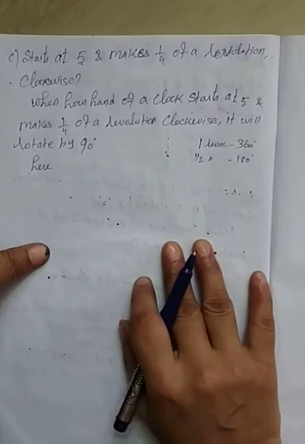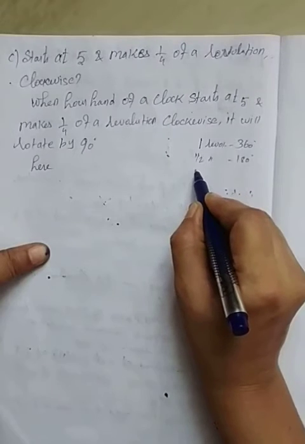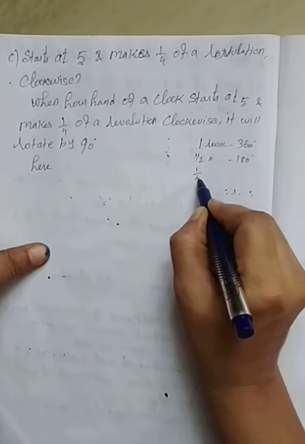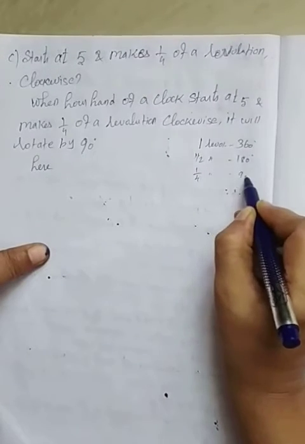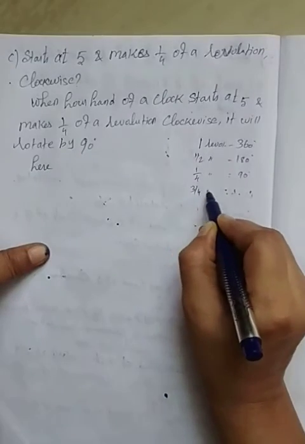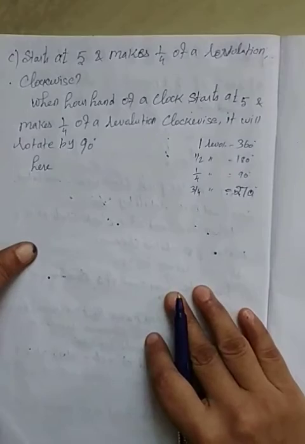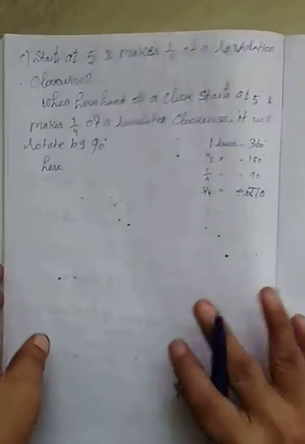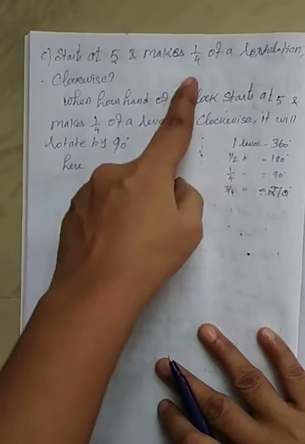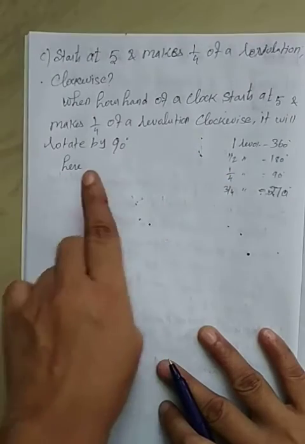Everybody clear? See, 1 by 4 revolution means 90, 3 by 4 revolution means 270. Clear everybody? Okay. See, in this problem it is 1 by 4, and 1 by 4 means 90.